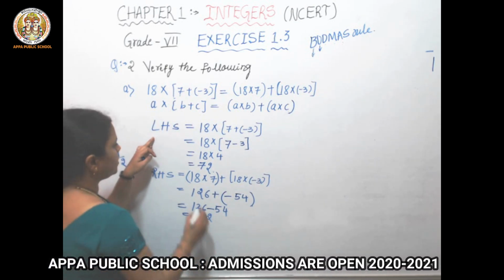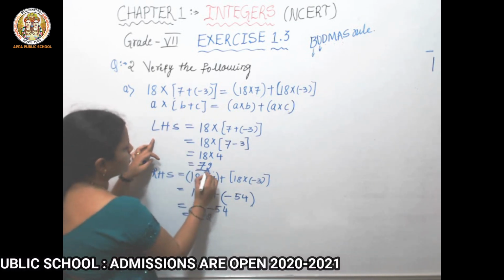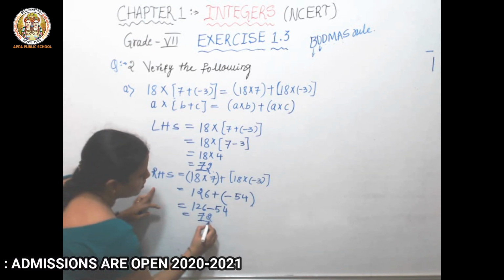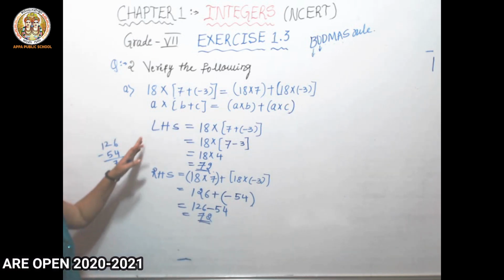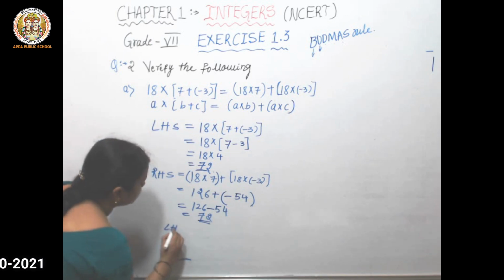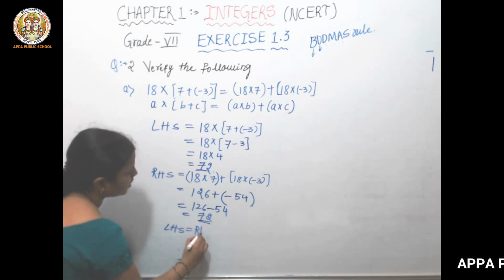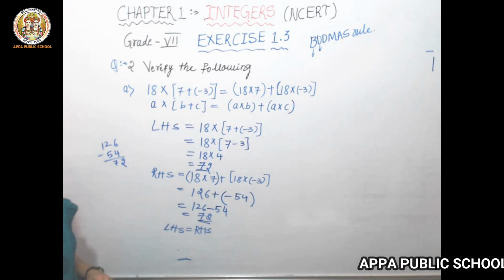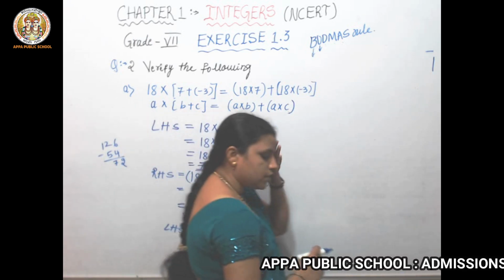Now with this, you see LHS we got as 72 and RHS is also 72. So here LHS is equal to RHS. You should write LHS is equal to RHS. This is the first problem.